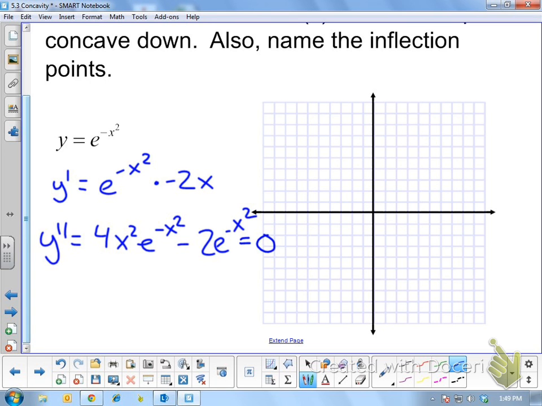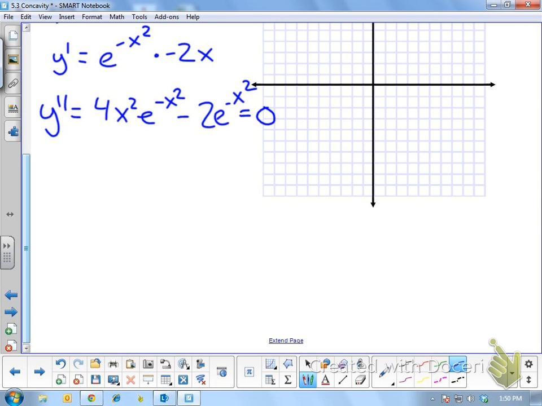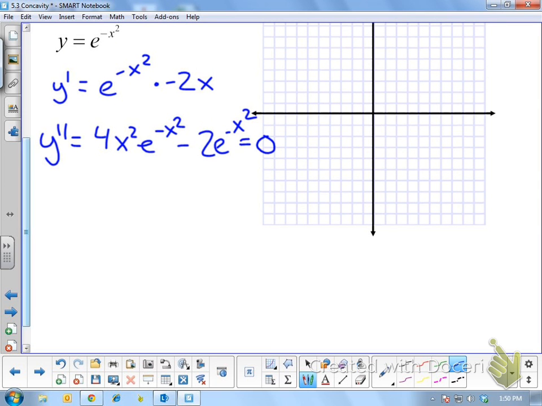Now, anytime we have a negative exponent, that could create problems for us for the does not exist. But before we even consider that, I can do some factoring. Usually when we set these equal to 0, our best option is either factor, and if it's not going to factor, then probably we have to use a calculator.